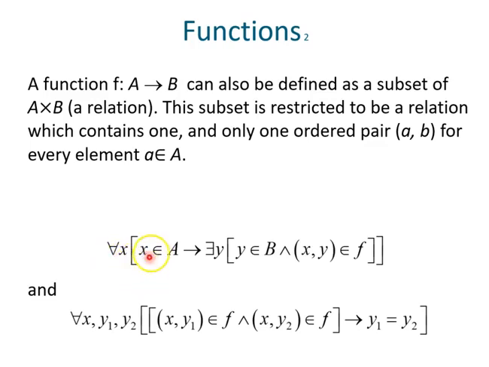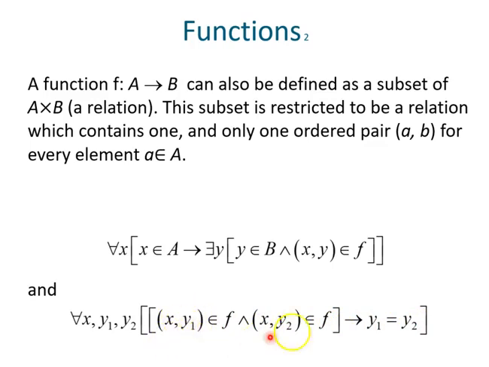For every x, if x belongs to A, then there is a y from B such that the pair (x, y) is in the relation f. And the second requirement is for every x, y1 and y2, if (x, y1) belongs to f and (x, y2) belongs to f, then y1 is equal to y2.